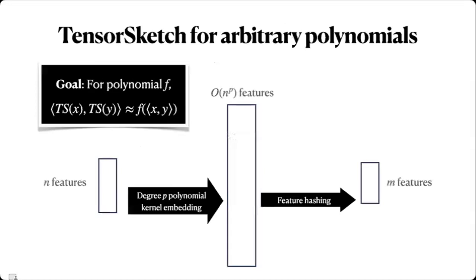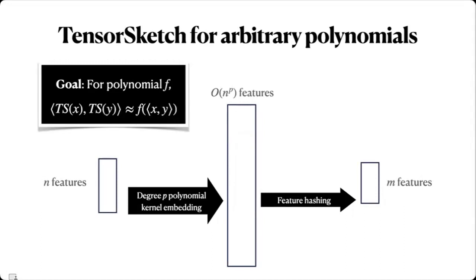All right. So this was sketching an outer product, or bilinear pooling, if you like, and one can easily generalize this to arbitrary polynomials. So in general, the goal here is we have some polynomial like x cubed plus x or something like this, and the goal is to create a sketch. Let's call it TS for tensor sketch, such that if we compute the dot product of two sketches, the value is approximately this polynomial applied to the dot product of the input vectors to the sketches.